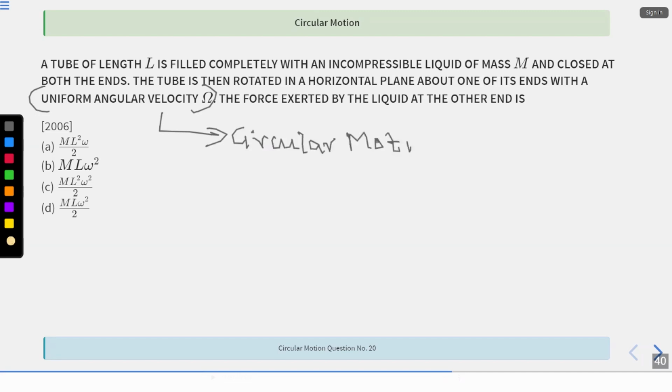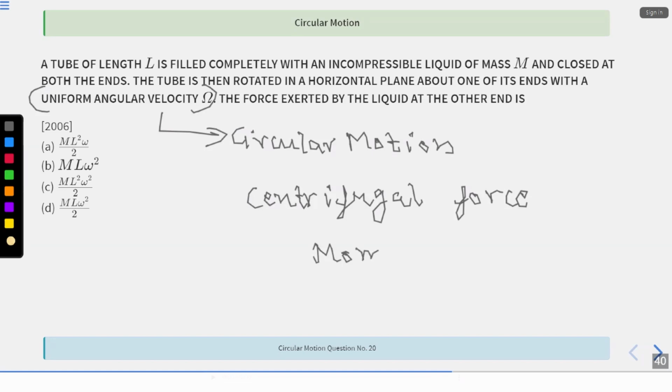So here we'll be considering centrifugal force, and then we'll also be talking about the momentum. And we are supposed to find the force exerted by the liquid at the other end.